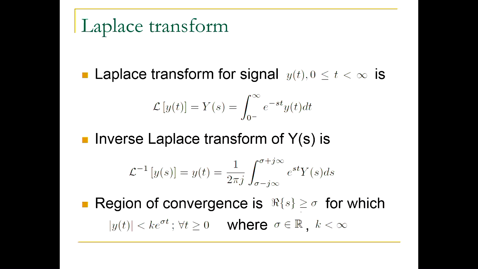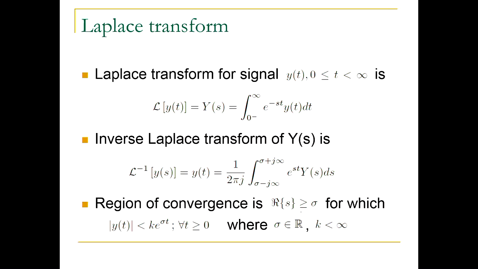So inverse Laplace transform of Y of s is some time varying signal, right? Signal that depends on time. And this is the equation that you can use to go back to time domain. One important point is that Laplace transform is well defined only on the region of convergence.